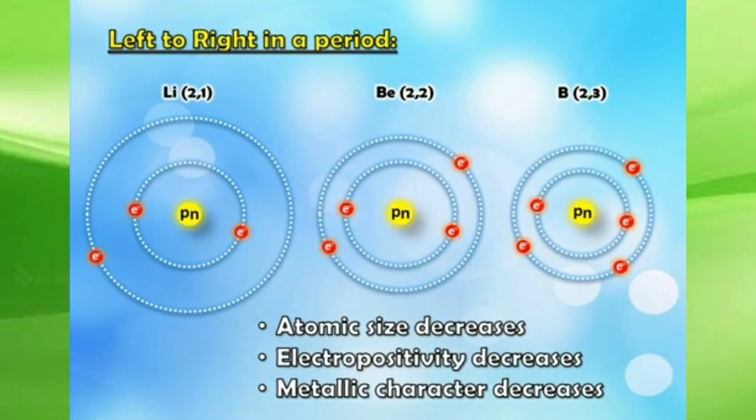In beryllium, 2, 2 is the electronic configuration. So here there are 2 electrons present in the outermost shell. So what is happening? The attraction between proton and the electron is more, right? It will pull the electron towards itself.